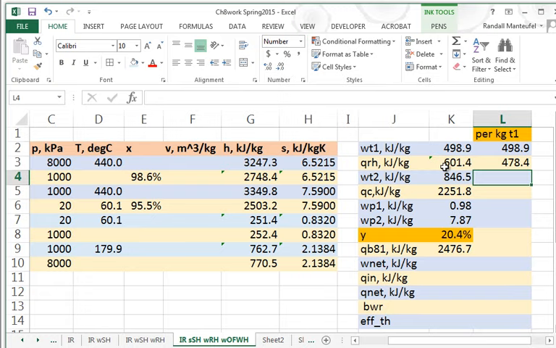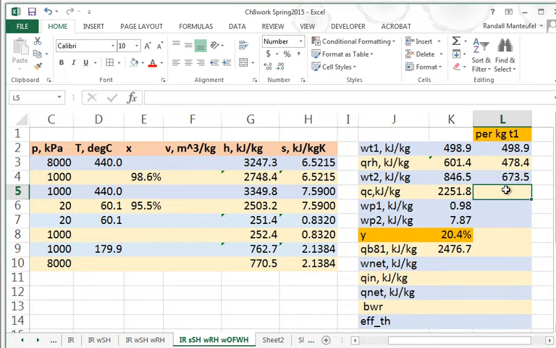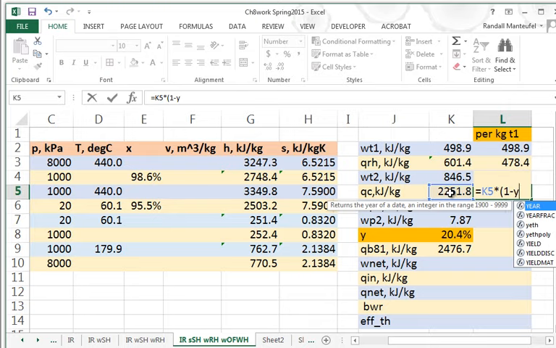So this is equal to this amount times 1 minus Y. I should have just put 1 minus Y as a separate parameter, but there you go. And then the condenser, that times 1 minus Y. Whoops, I'm trying to type Y. There you go.